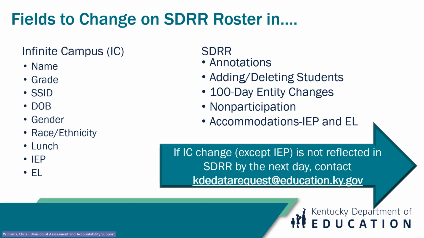You can also add and delete students because, like I said, if you've got students who move prior to the testing window, you would annotate first and then go in and delete the student from the student listing, depending on what assessment you're looking at, whether it be KSA, AKSA, Access, Alternate Access, or your cohort information, etc. There will be some things that you can do for each of these assessments, so it's very important that you look at the student listings.